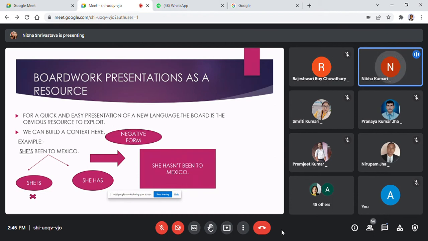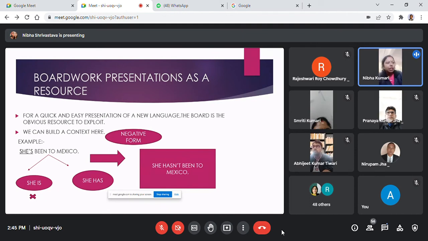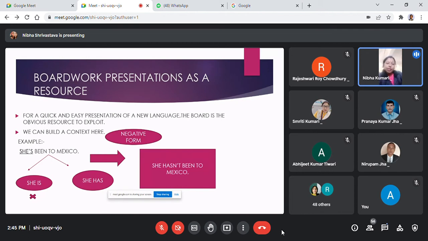If we have to teach 2-3 concepts of grammar together, see, I have written here one sentence: She has been to Mexico. Now I will ask the students, I have written here she and apostrophe S. What do you understand? What may be its full form? I will write she is, also she has. Through this way, students can recognize.